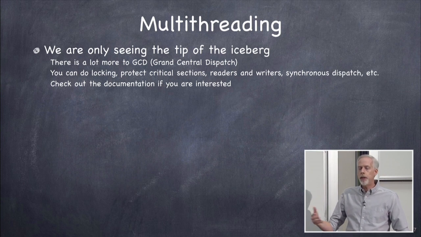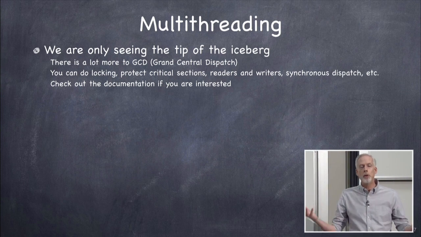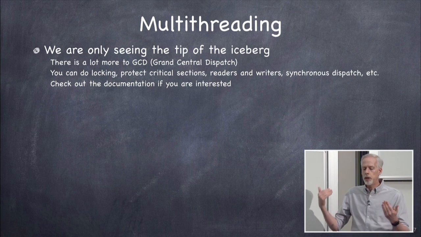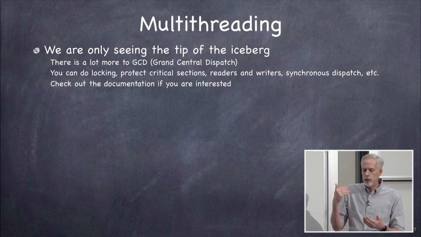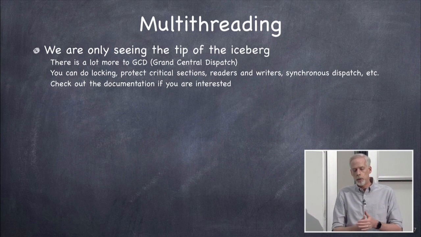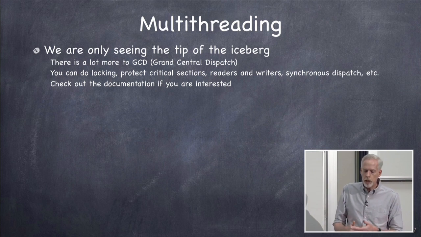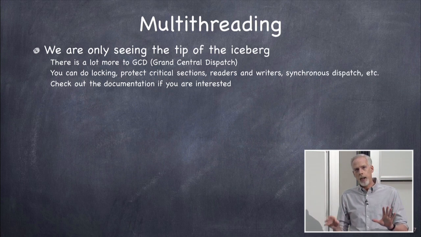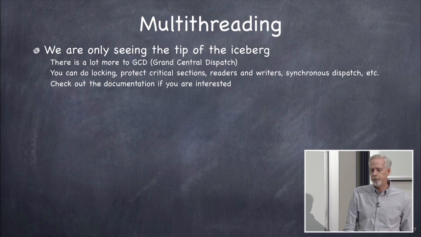For those of you who do know about multithreading, you can do all the things you'd expect: protecting critical sections, readers and writers, single writer, multiple readers, synchronous dispatch, locking. I'm not going to talk about any of that, but it's all there. Okay.